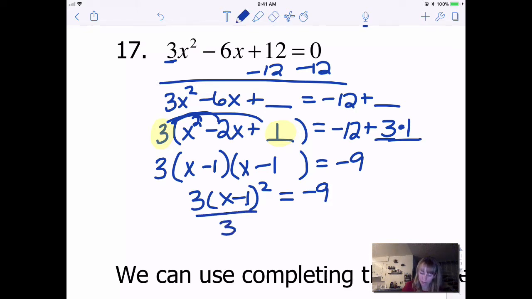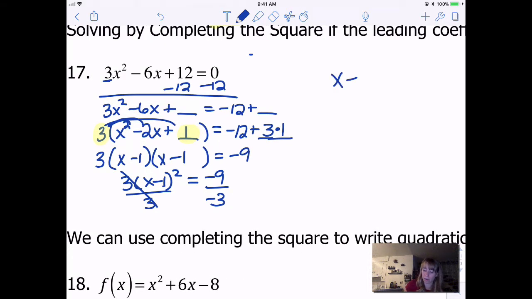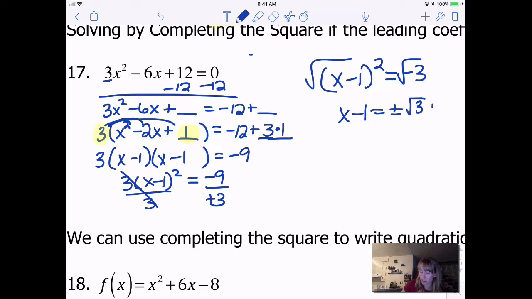So I divide by 3 on both sides. I get x minus 1 squared is positive 3, or negative 3, excuse me. And when I take a square root, we'll notice here we get x minus 1 is equal to plus or minus the square root of 3 times i, because there's that negative under the square root, so that's from last class.